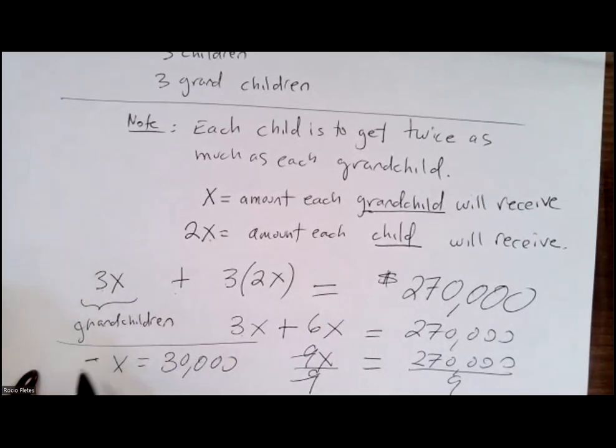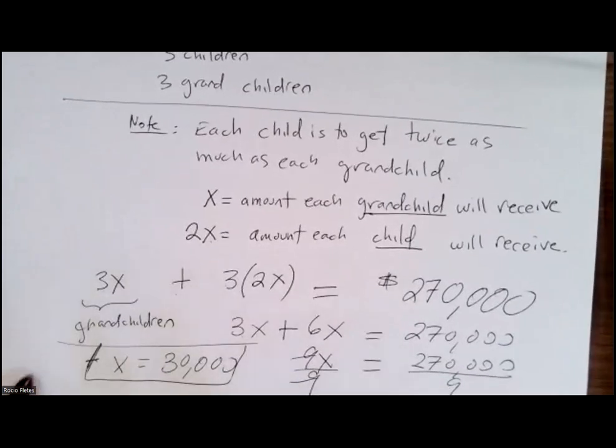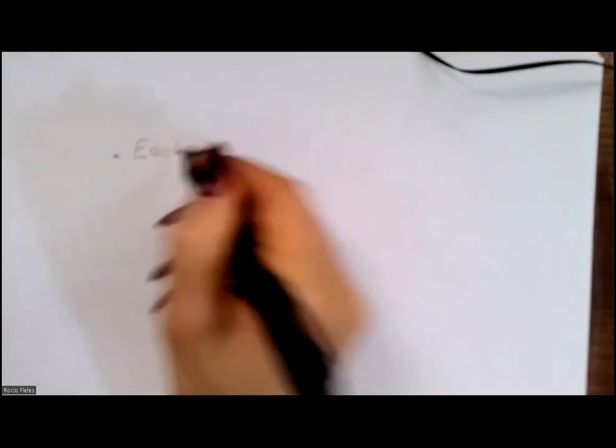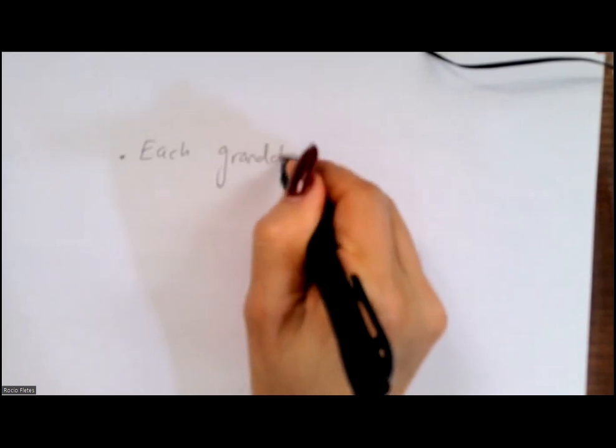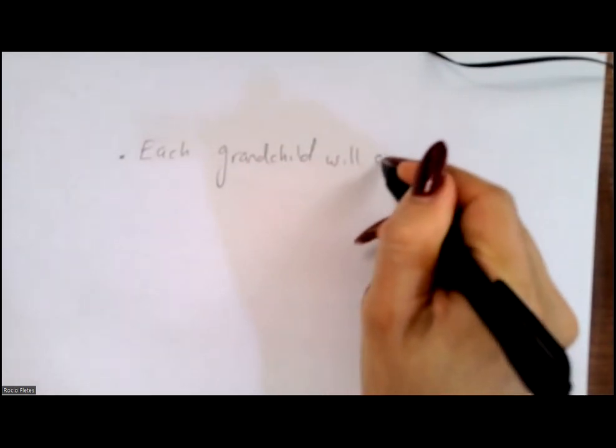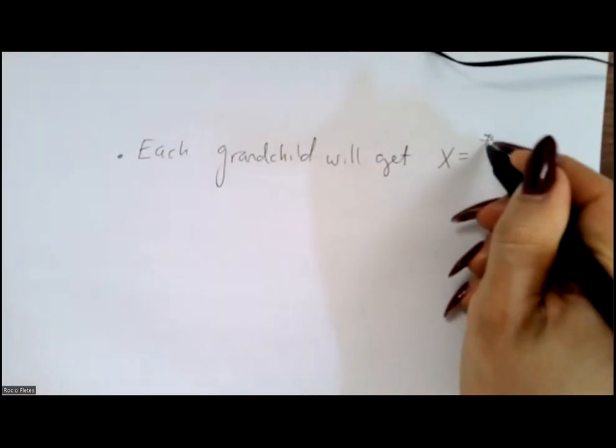Now, remember what x represents: the amount that each grandchild will receive. So each grandchild is going to receive 30,000. That means each child will receive twice as much, which is 60,000. So once again, each grandchild will get x equals 30,000.